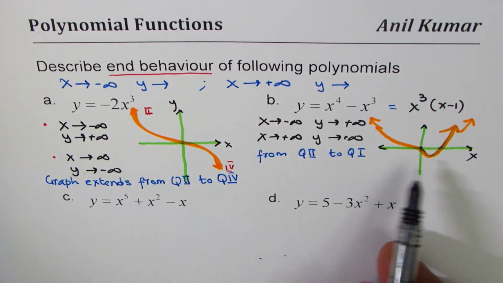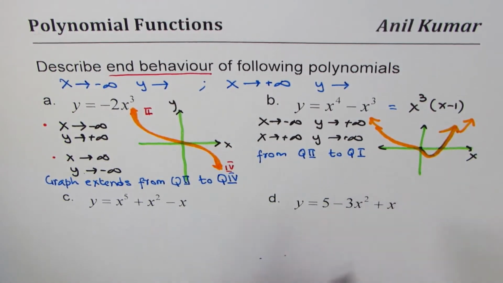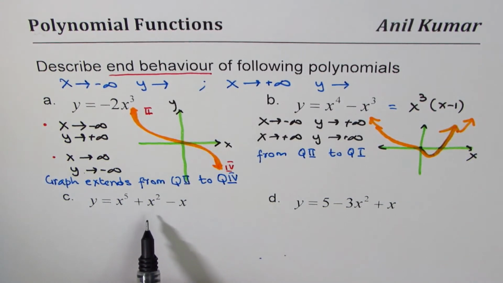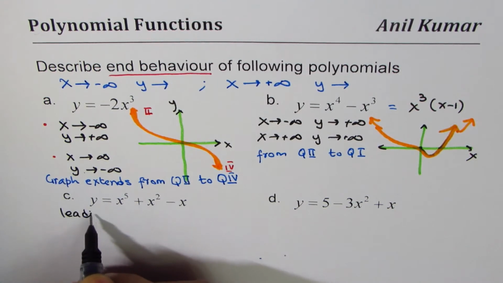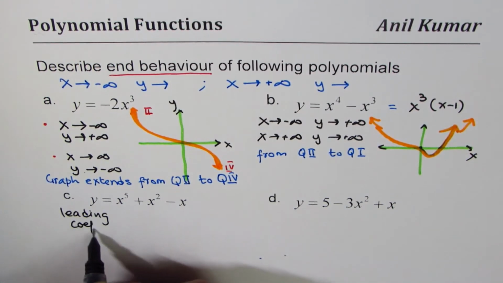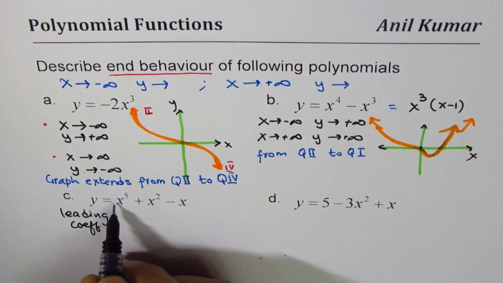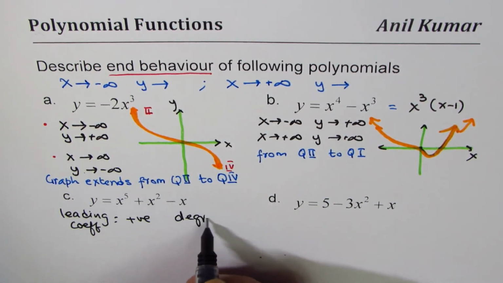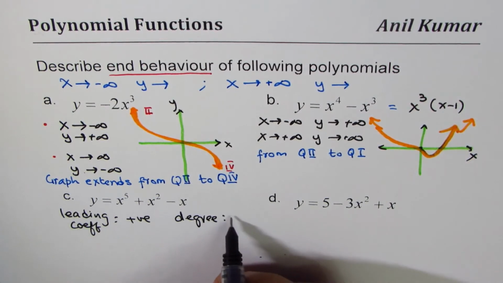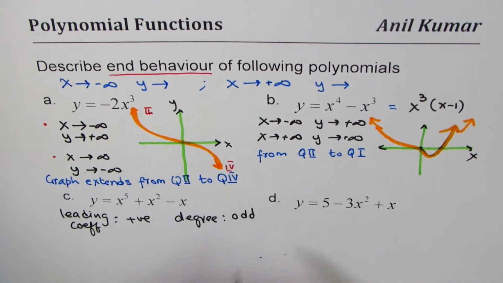Now, as we have done the previous two, we'll analyze by finding the leading coefficient. The leading coefficient for us is what? Leading coefficient is positive 1. How about the degree? Degree in this case is 5, which is odd. So if the leading coefficient is positive, that means what?